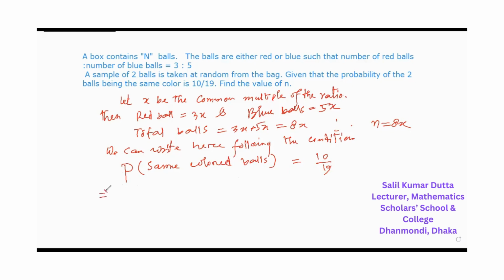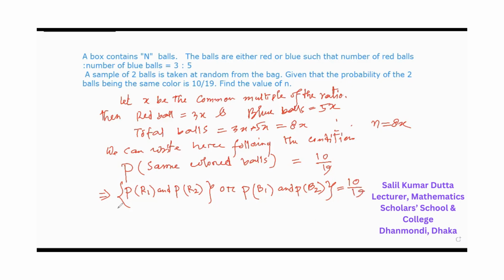So we can write this way: probability of red first ball and probability of red second ball, or probability of blue first ball and probability of blue second ball, equals 10/19.